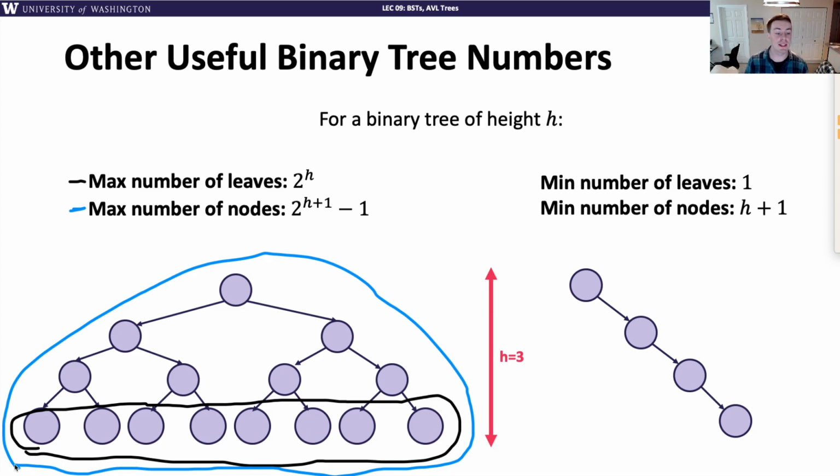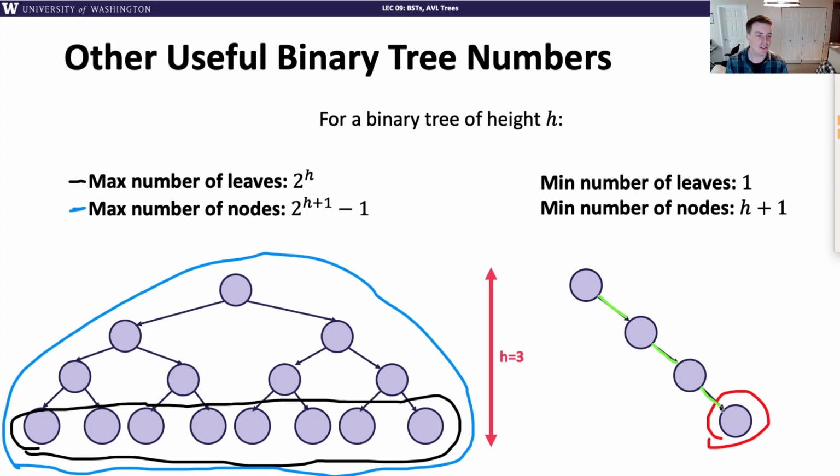But there's also a case with the least nodes possible, where we have this tree that just goes in one direction. In this context, the minimum number of leaves is just going to be 1, because there's only one node in this tree that has no children. And then the minimum number of nodes in the tree will end up being h plus 1. The reason is, we're constraining our tree to be height h.